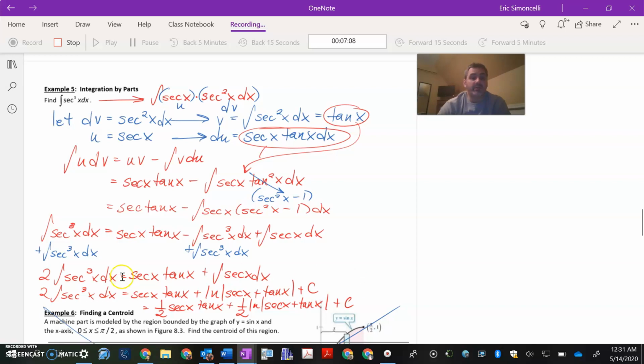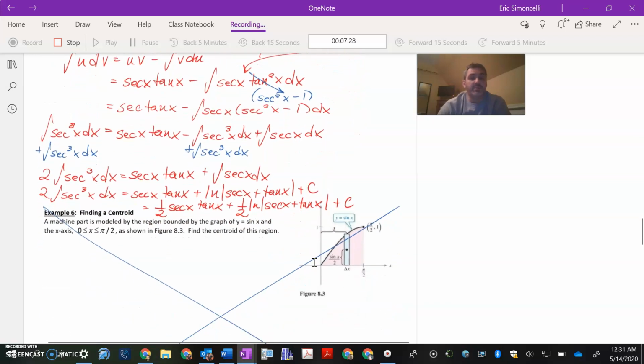But more impactfully, I would argue that this step right here, you've got to be very mindful, but also clever, in the sense that there's no other way to really get secant cubed x dx by itself, at least with this particular function in mind.